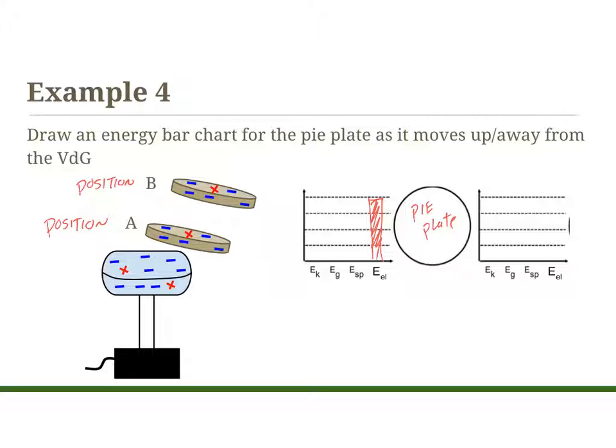And then at position B, it has gained some height, so it's got some gravitational energy, and it still has electrical energy. So that is essentially the long and short of electrical energy as you need to understand it for the scope of this class.